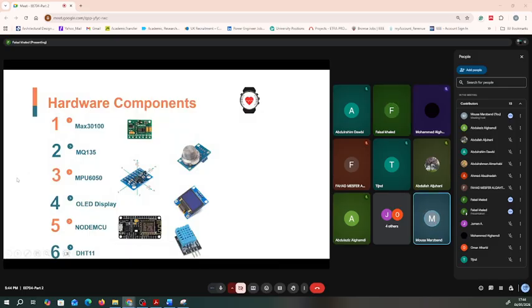Okay, that's fine. So these are the components of the hardware we used in my project. There are six components: the MAX30100, the MQ135, the MPU6050, the LCD display, the NodeMCU, and also the H11.